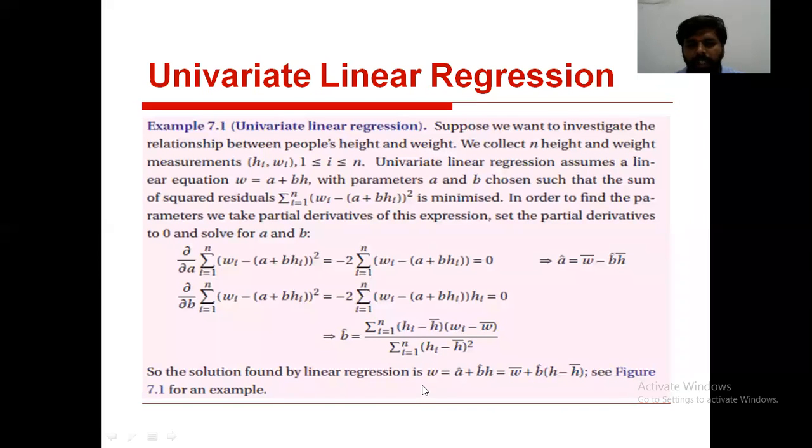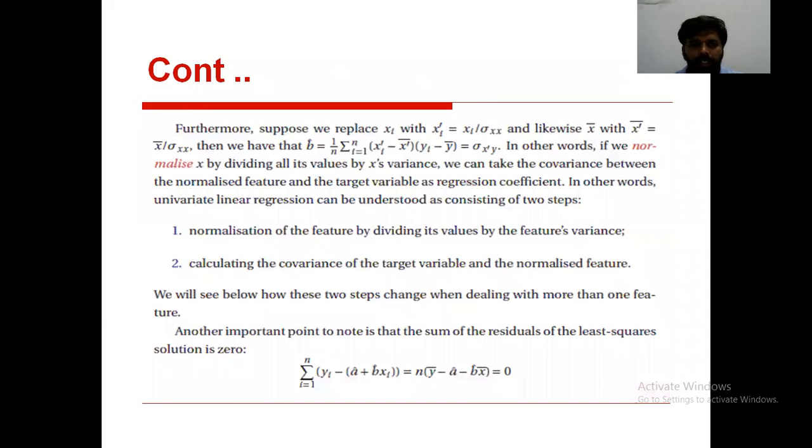Finally, we will get the linear regression, that is W = A cap plus B cap into H, which is equivalent to W bar plus B cap into (H minus H bar). And see here, mainly we performed 2 steps.